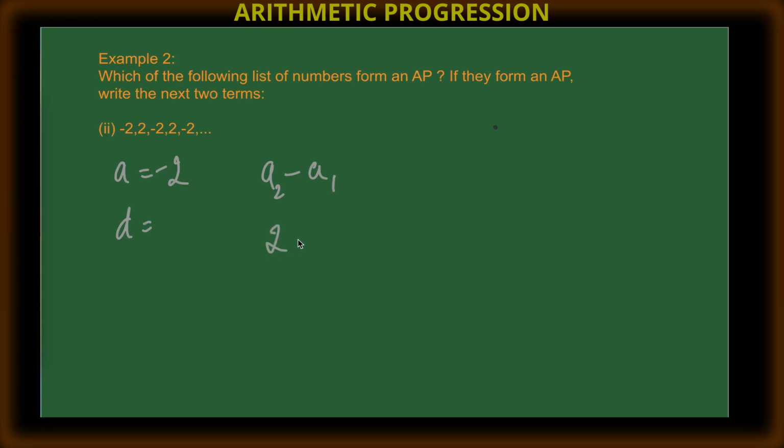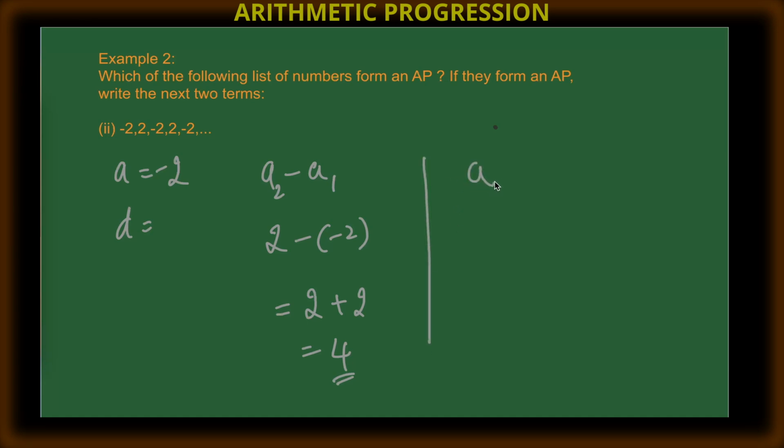2 minus of minus 2, minus into minus is plus 2, which is equal to 4. So here the difference is 4.